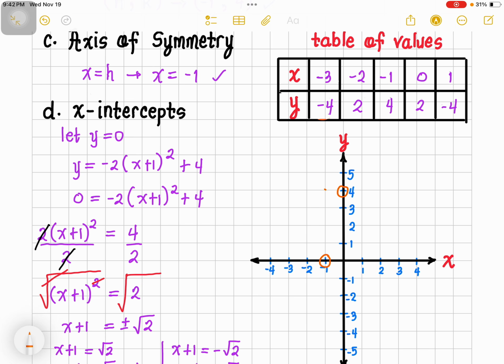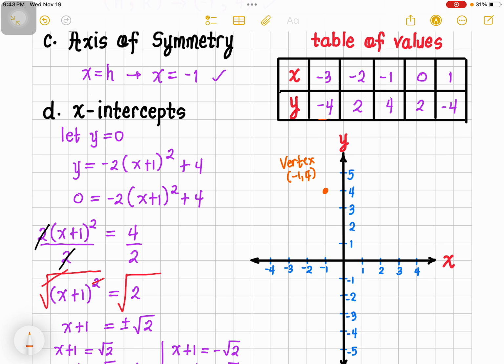So, nandito yung intersection nun. Okay? Nakuha? So, this is your vertex. And that is negative 1, positive 4. That will be the coordinates.